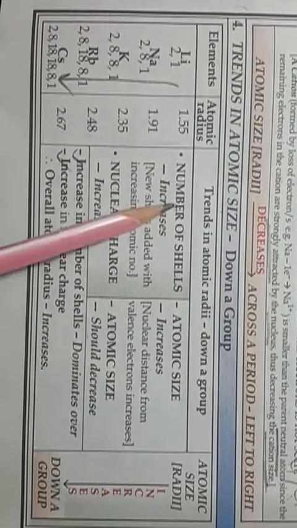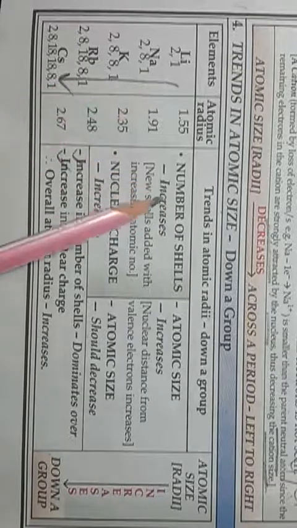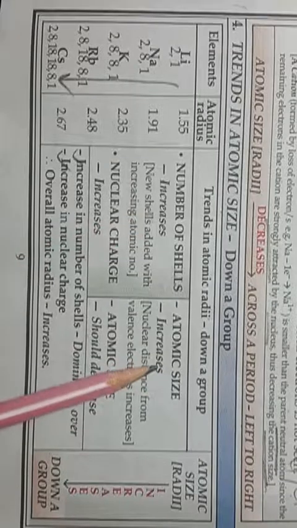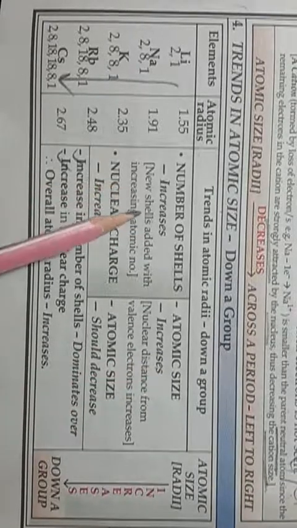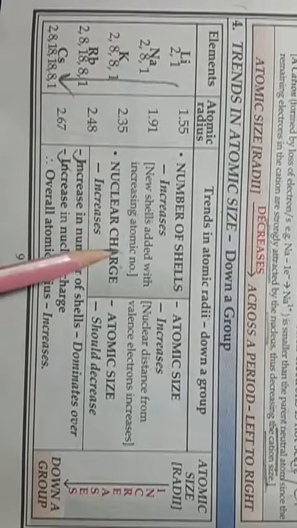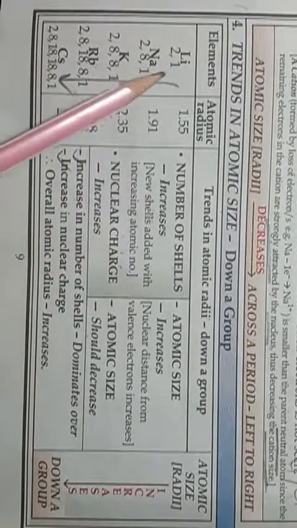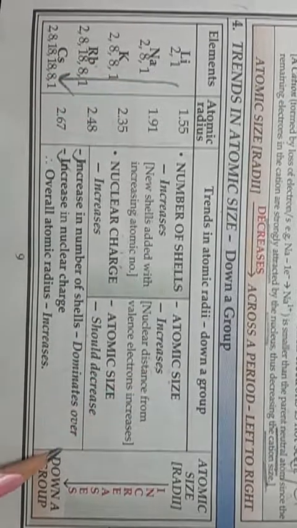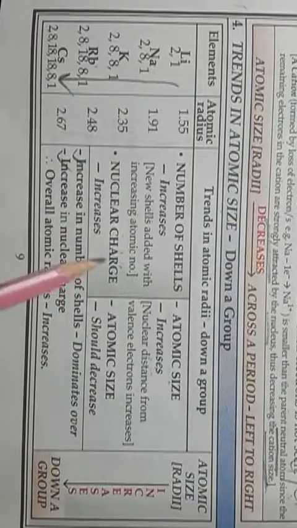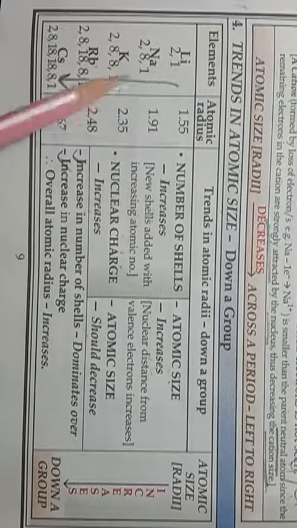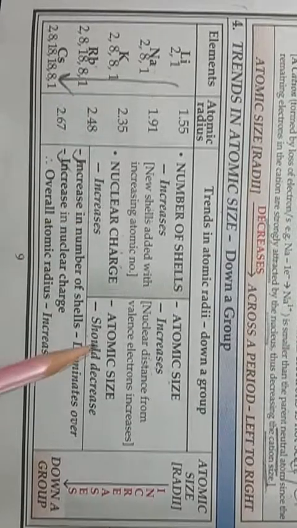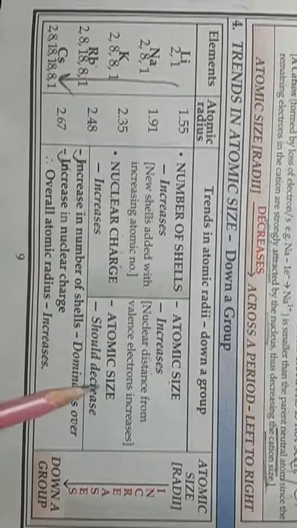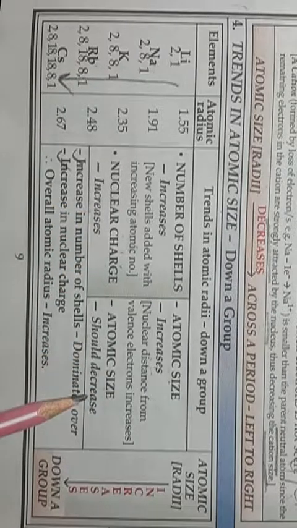So when we move in a group from up to down, number of shells increases, and due to increase in number of shells, atomic size will also increase, because new shells are added with increasing atomic number. Atomic number increases, new shells are added, and with new shells being added, atomic size or radius also increases. Then second point, nuclear charge increases. Nuclear charge also increases from up to down, but due to increase in nuclear charge, atomic size should decrease.